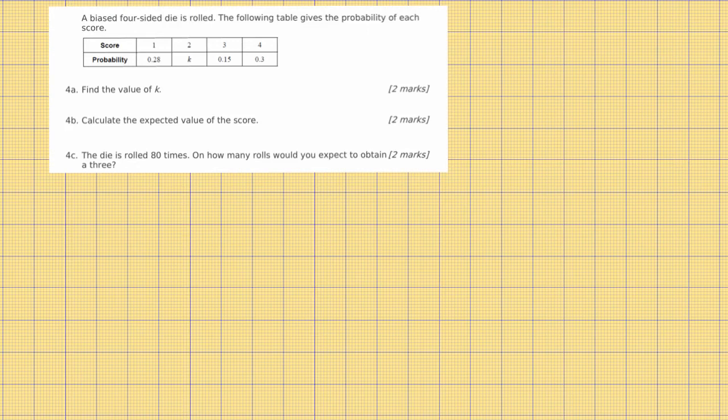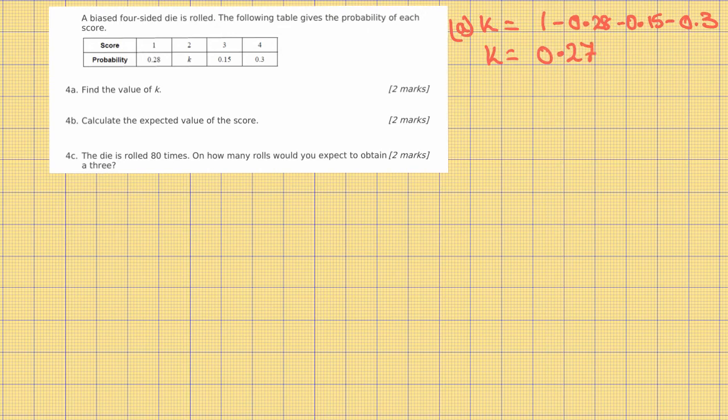Therefore, k is equal to 1 minus 0.28 minus 0.15 minus 0.3. Therefore, k is equal to 0.27.